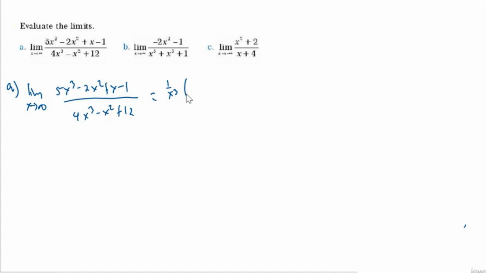So I have now 1 over x cubed times 5x cubed minus 2x squared plus x minus 1 all over 4x cubed minus x squared plus 12, and I will multiply also by 1 over x cubed. Or if you don't like to multiply by 1 over x cubed, you can just divide each term by x cubed. It's the same story.